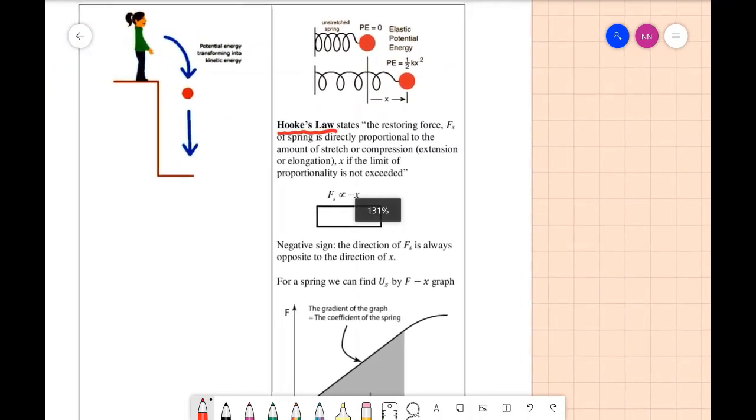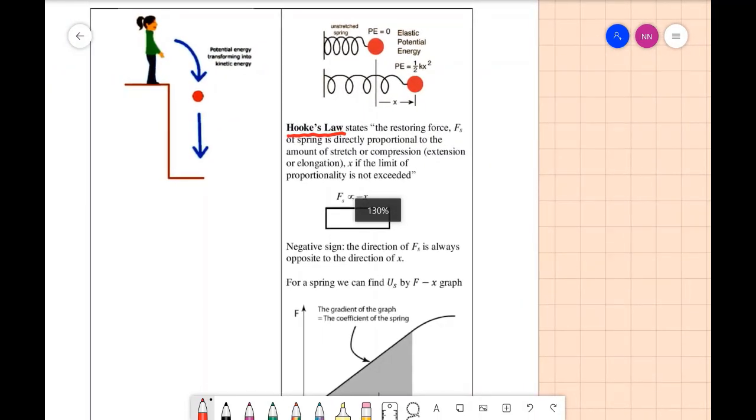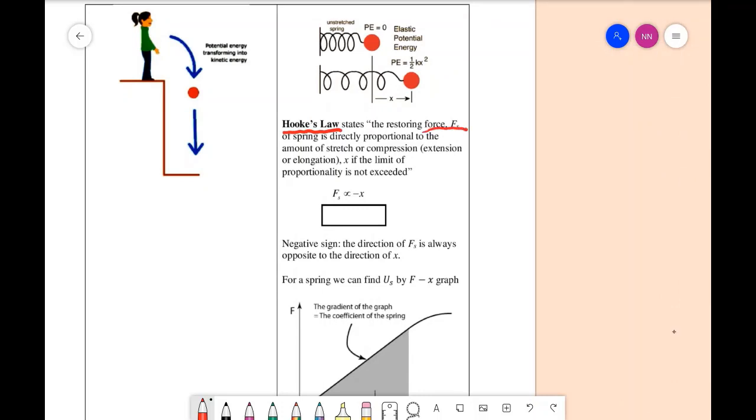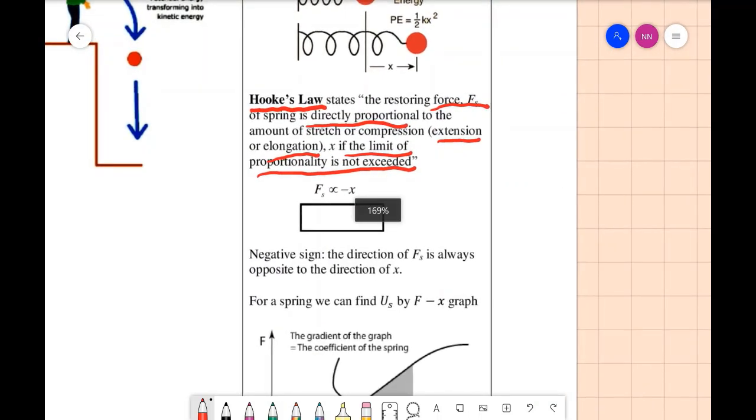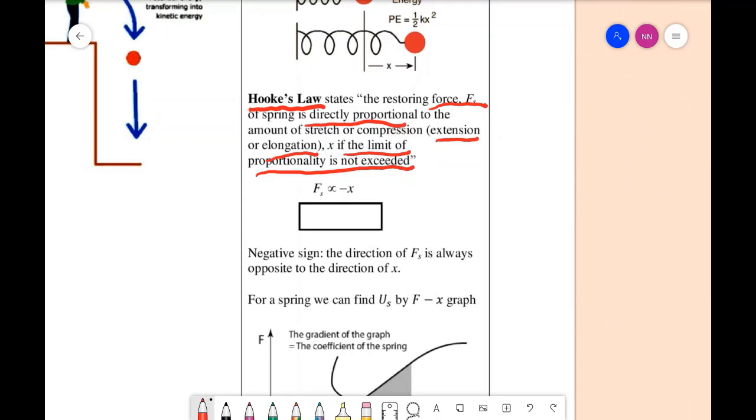Hooke's law states the restoring force Fs is directly proportional to the amount of stretch or compression, the extension or elongation of the spring, if the limit of proportionality is not exceeded. Fs is directly proportional to negative x.